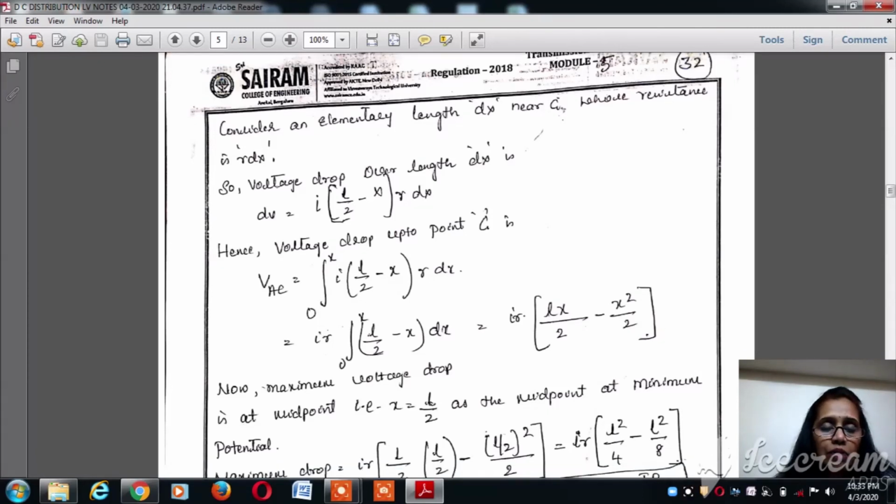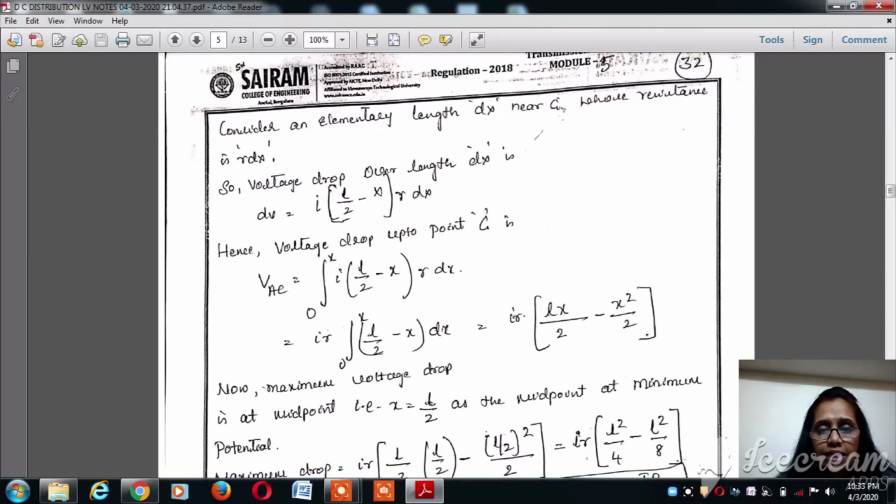Now we know the resistance and the current, so we can find the voltage drop over the elementary section dx as dV equal to I into R, where I is the current flowing, I into L divided by 2 minus x, into R into dx. Hence the voltage drop up to the point C can be found by integrating between the limits 0 to x.